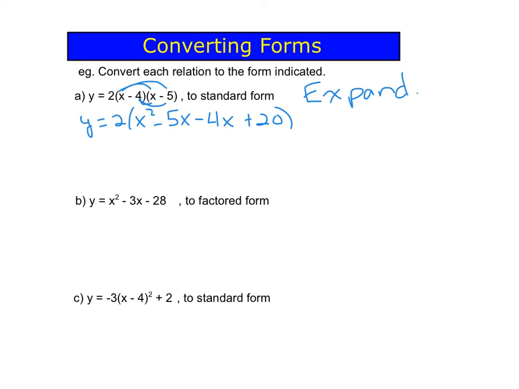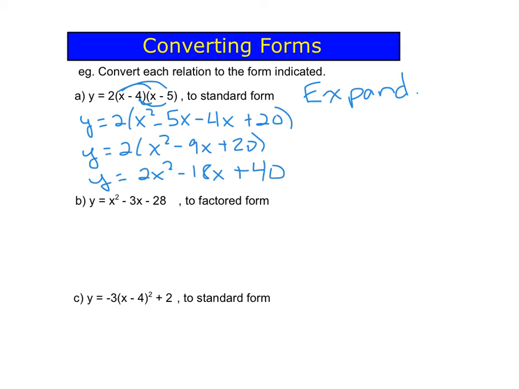And now we can just multiply that 2 through the bracket. After we simplify those two x terms. So y equals 2x squared minus 18x plus 40. And that's in standard form.